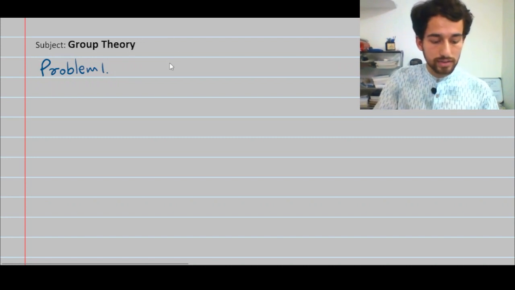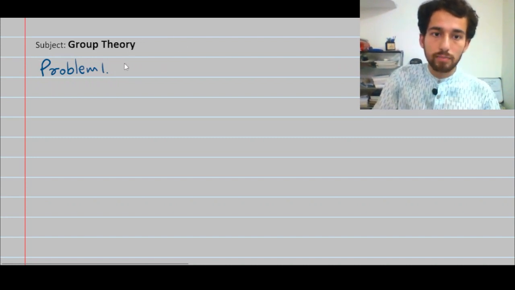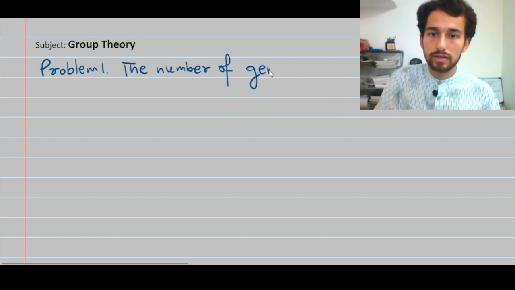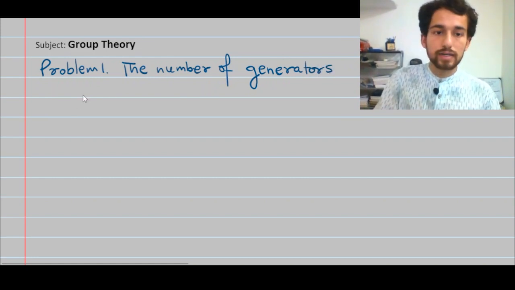Problem 1, what it says, you have to find the number of generators in a cyclic group of order 10.